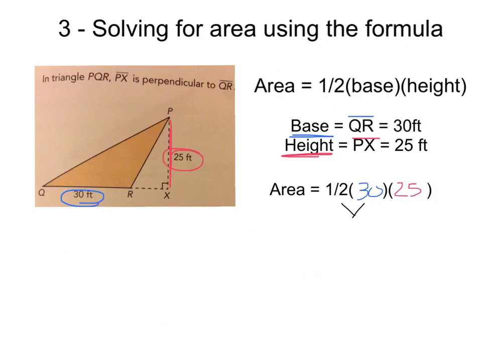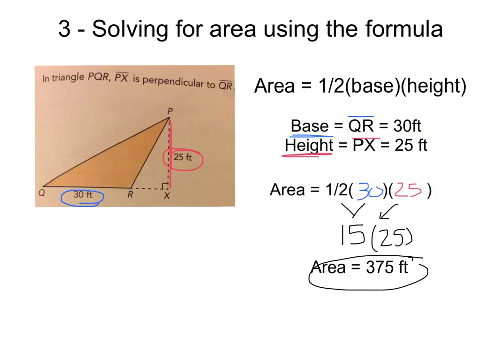And we know that 1/2 times 30 gives us 15, and then we bring down our 25. So we're just going to multiply 15 times 25, and we get our final area of 375 feet squared. Now make sure that you definitely put that square because we're multiplying feet times feet, which will give us feet squared.